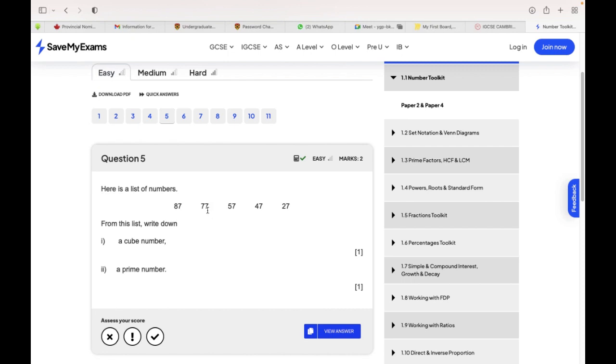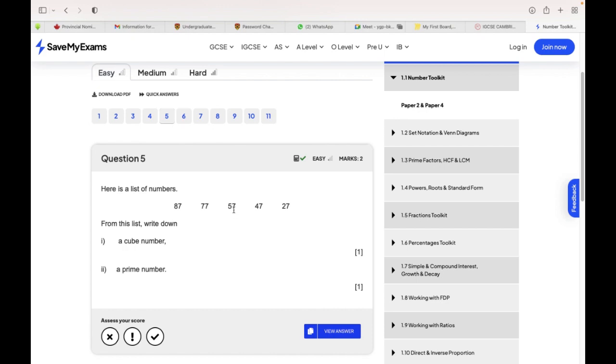Now let's try 77. 77 is not a prime number because 77 can be divided by 7 and 77 can be divided by 11. Therefore, it's not a prime number. Now let's try 57. One of the tricks I can quickly use: any number that ends with an odd digit cannot be divided by 2.